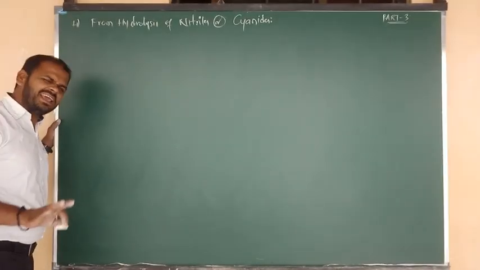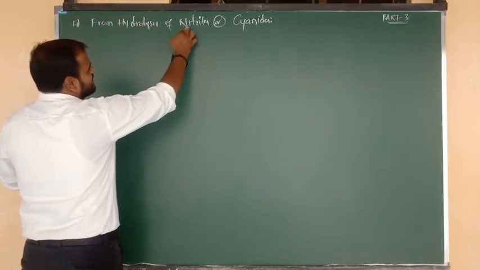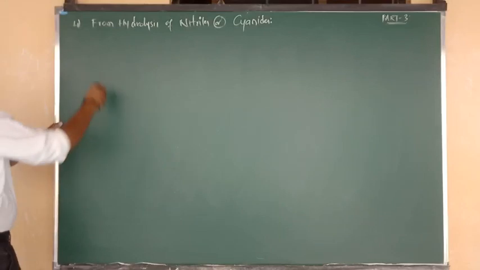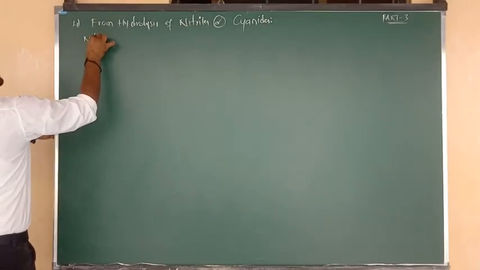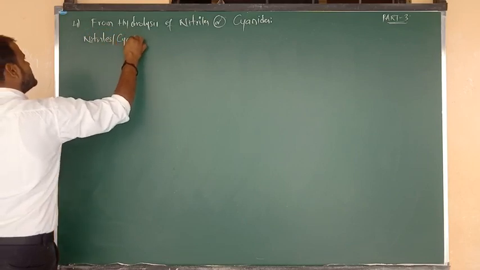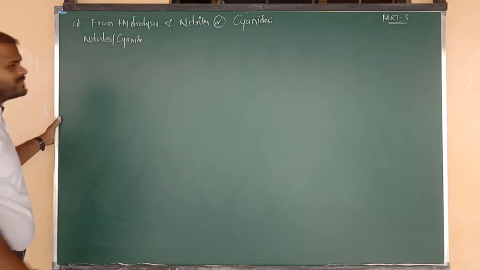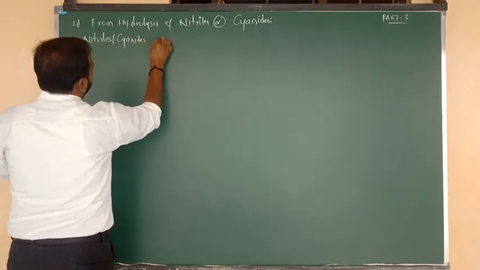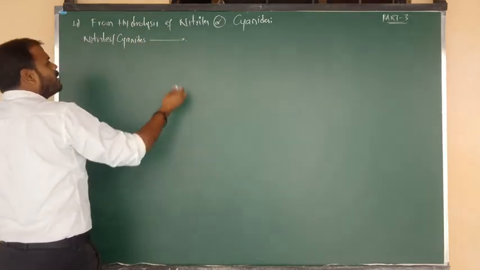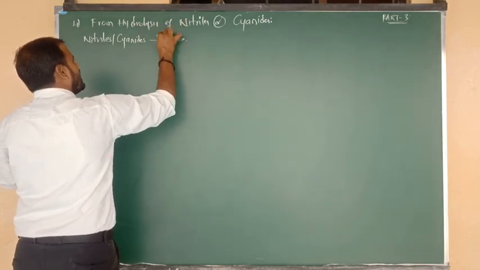Very interesting and very easy. Let me consider first of all cyanides or nitriles. The compound is nothing but nitriles, and also we can say cyanides. They undergo the process of hydrolysis.